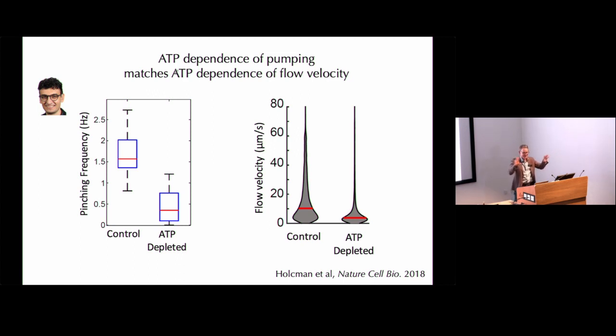You have a sausage which you squeeze and then you get flow from each side. So it randomizes the flow inside. It's an ongoing project, and we don't really know the origin of these pinching movements, what the motor behind it is. There are lots of theories out there, but it just shows you that by looking at things with good resolution inside cells, you can see new things.